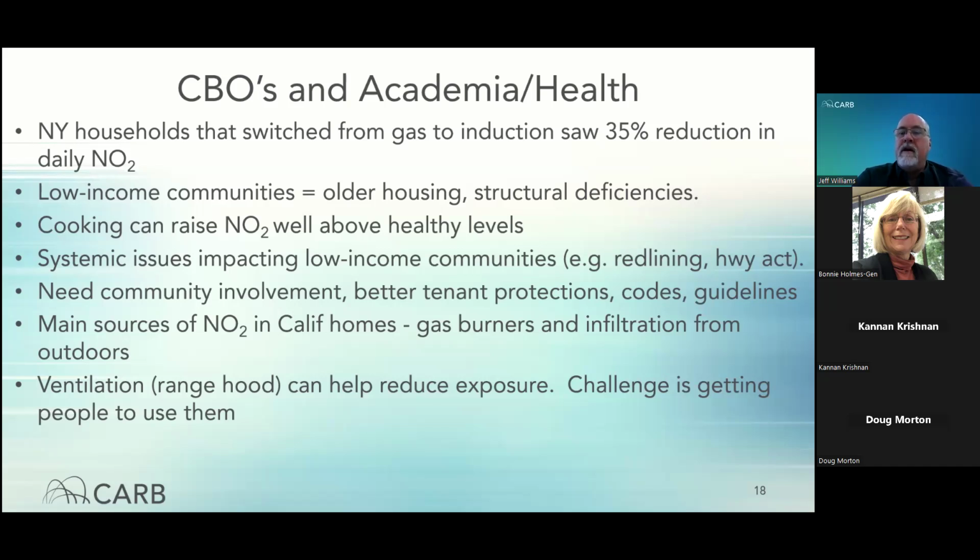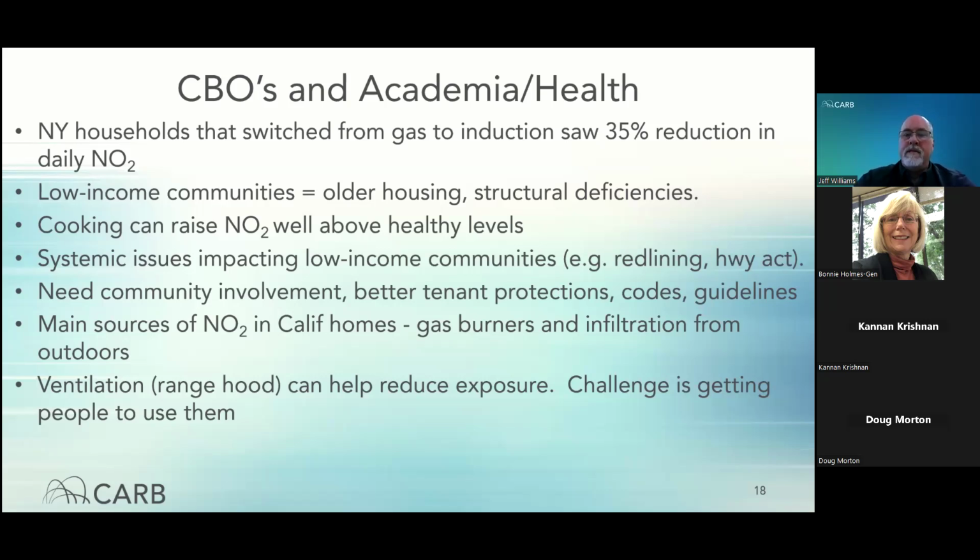The study found that the households that switched to induction saw a 35% daily reduction in NO2 levels. Although there was a clear IAQ benefit to using induction stoves in homes, it was also emphasized that low-income communities face significant IAQ challenges to reach the electrification starting point.